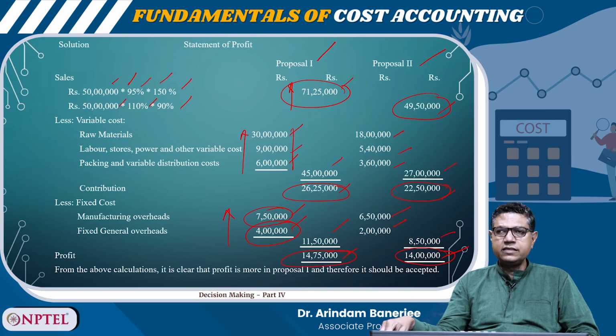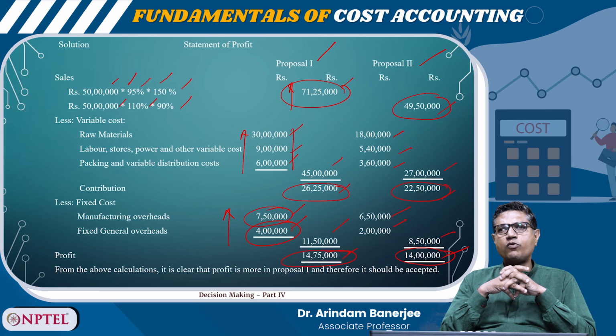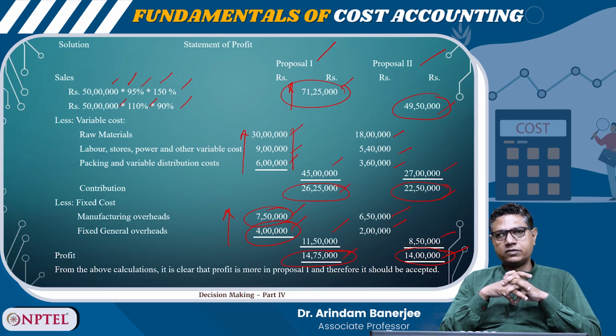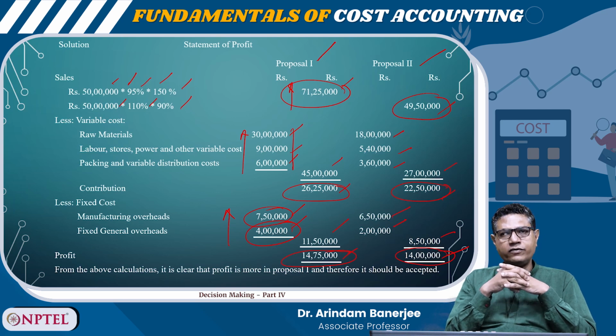But in practice, when these decisions are taken, there are several qualitative factors which also need to be taken into account. For example, in the first case, the first question which may come to mind is whether this demand will sustain in the longer run. If it sustains in the longer run, then it is always better.